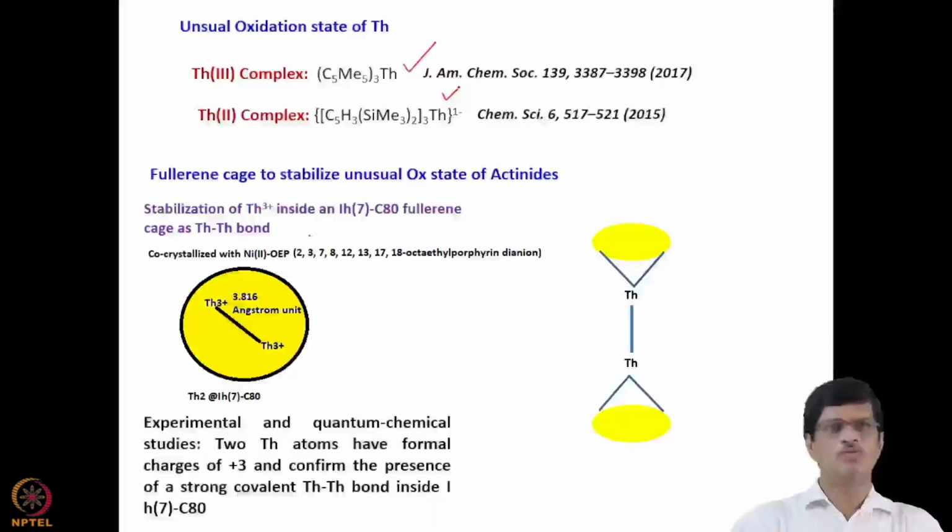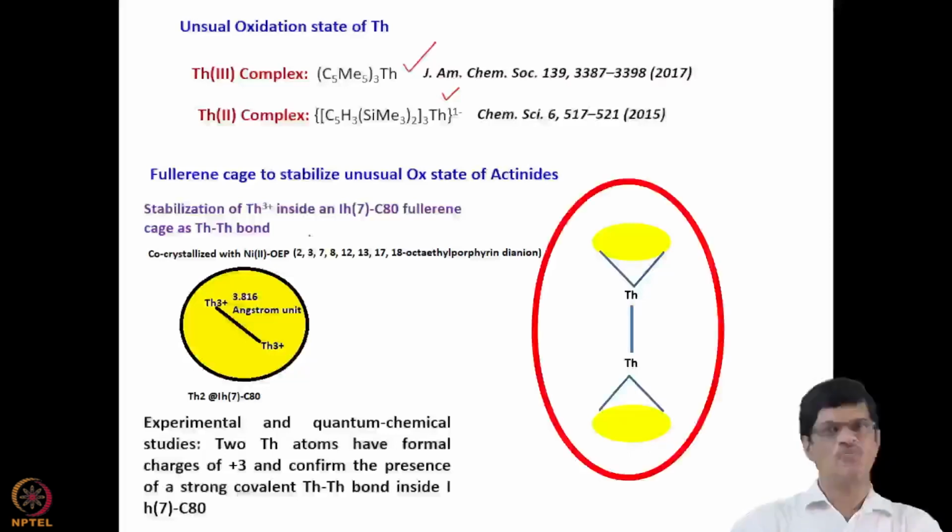And also there is an interesting species of thorium 3+ in the C80 fullerene structure as given here. In this case, you have two thorium 3+ ions going inside the fullerene cage, and they are getting stabilized due to the thorium pi interaction within the fullerene system as shown here.